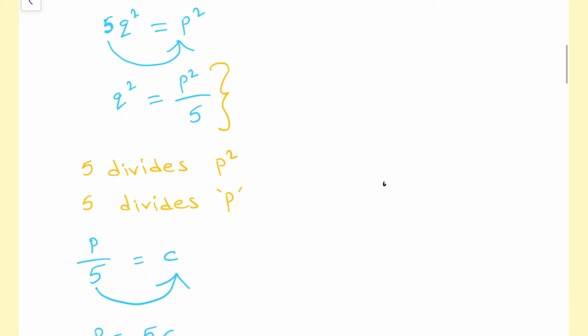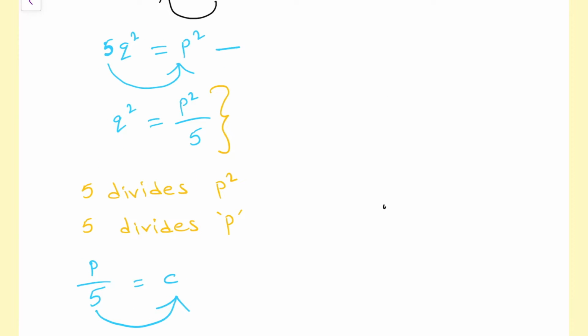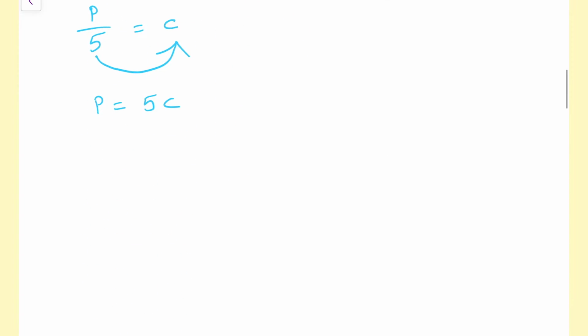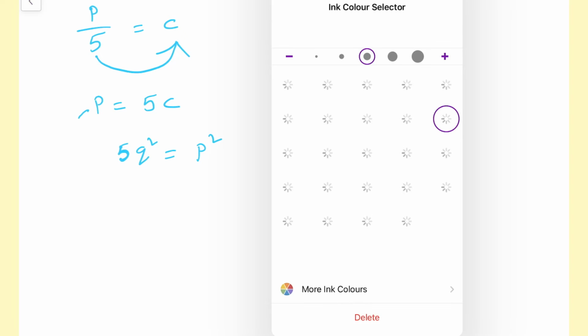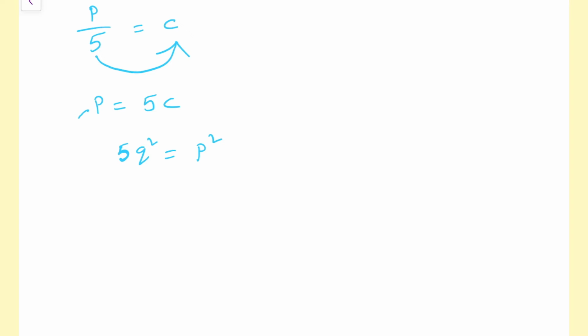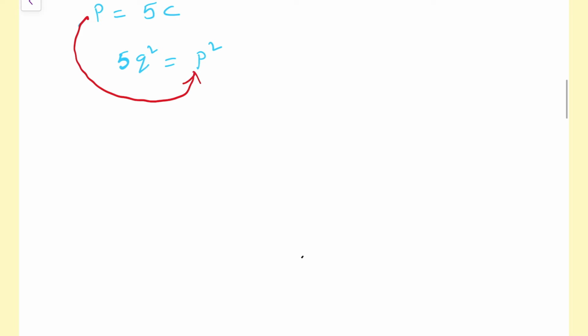Now observe this one. Here we got one equation, 5q square equals p square, right? Here the p value I got as 5c, right? So this p value I am going to substitute in the place of p. 5q square as it is, the p value is 5c, so 5c whole square. 5q square equals 5 square, 25, c square as it is.